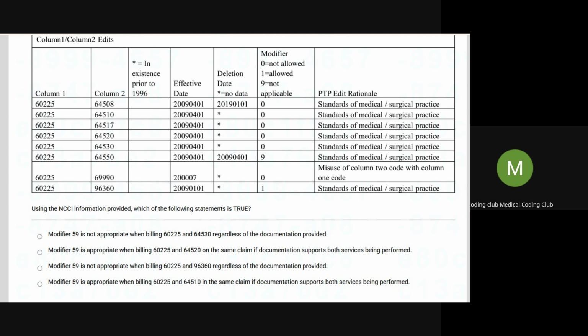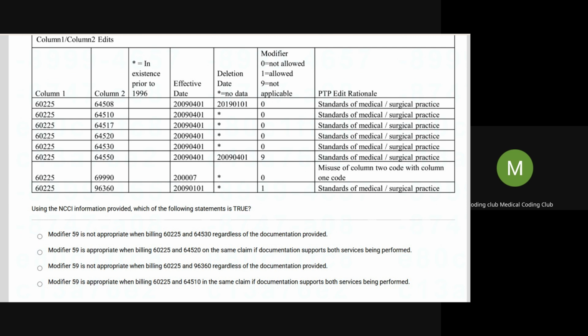So you need to make sure you use an appropriate modifier at the appropriate time. Before processing any two CPT codes, you have to check the CCI edits. Once you are sure what the edit says, you can process based on that. If you are getting 0, then you cannot process the column 2 code; you will be processing with the column 1 code only.